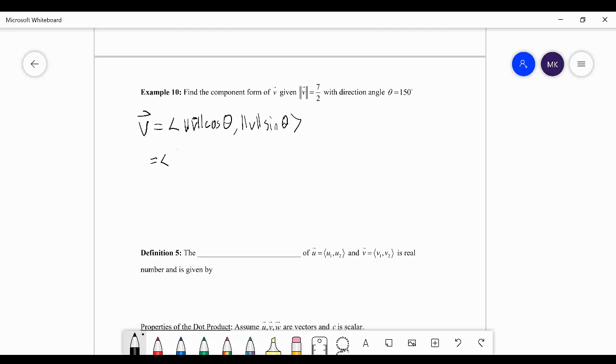So the magnitude of v is 7/2 and theta is 150 degrees. Okay, and you can use either the unit circle, or you can simply use your calculator if it doesn't tell you to give exact answers. We like exact answers here, so we're going to use the unit circle because we know 150 degrees is on the unit circle.